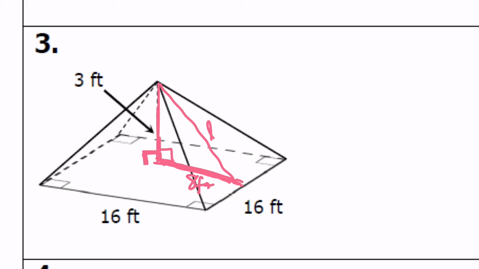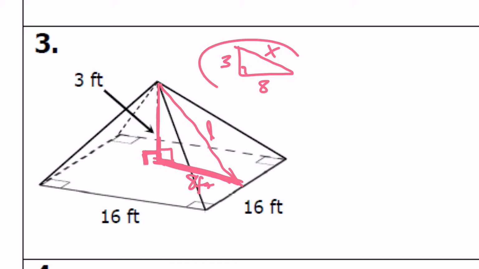Since I have this right triangle now, I'm going to redraw it. This is the height of my pyramid, and this is 8, which is this distance right here. I can now find my hypotenuse, which, when we drew this in here, happens to be my slant height.